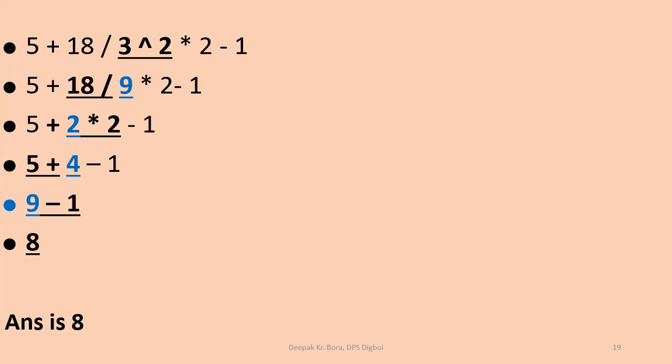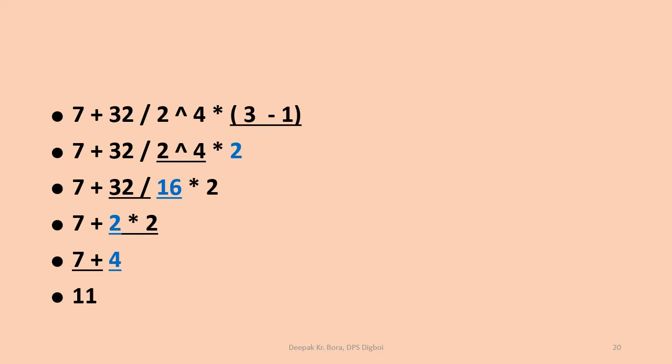So the next expression comes to be 5 plus 18 divided by 9 into 2 minus 1. So division comes first. 18 divided by 9, so the answer is 2. In the next one, multiplication has the higher hierarchy, so we will evaluate the multiplication first. It is 2 into 2, 4. Then 5 plus 4 minus 1, we will do addition, that is 9. Then minus 1, that is 8.